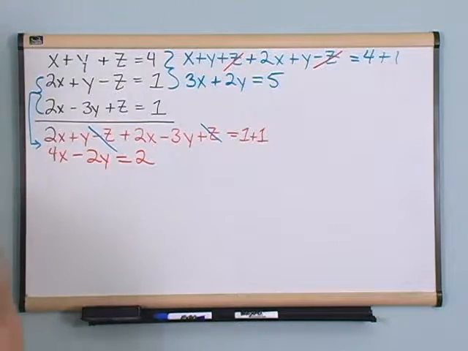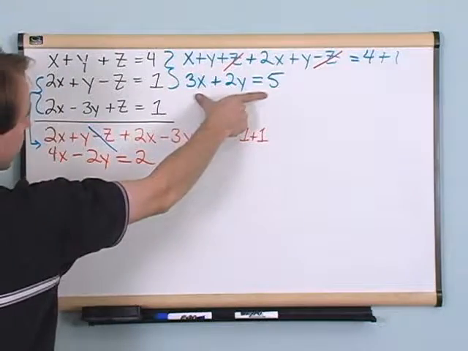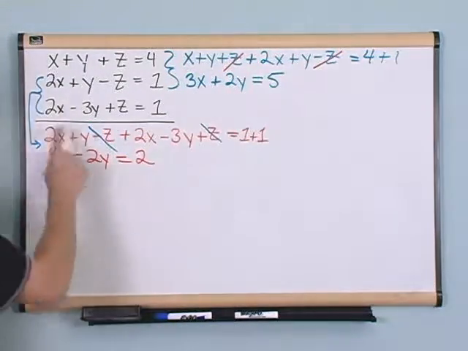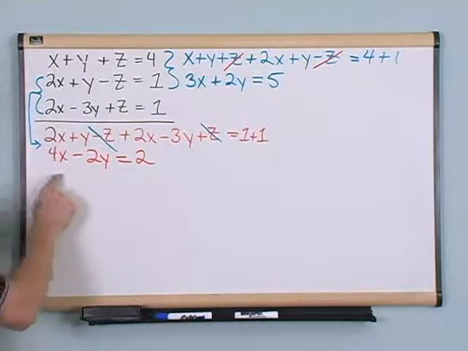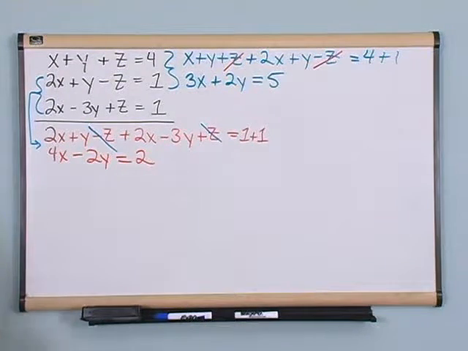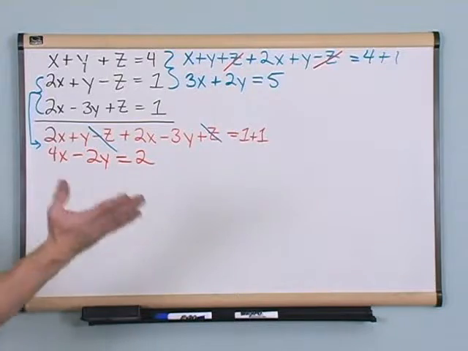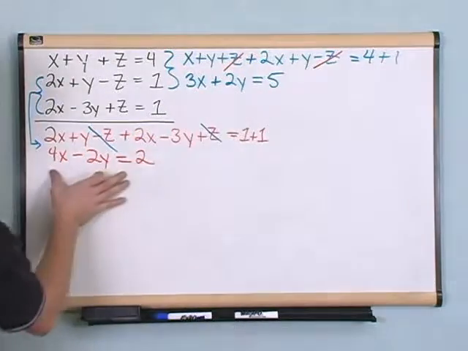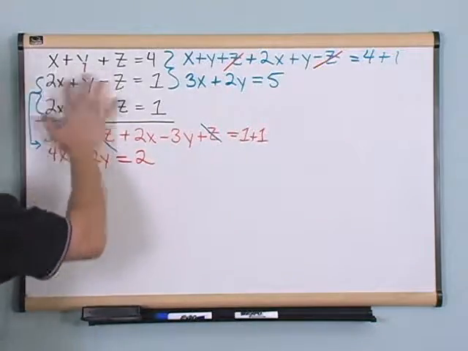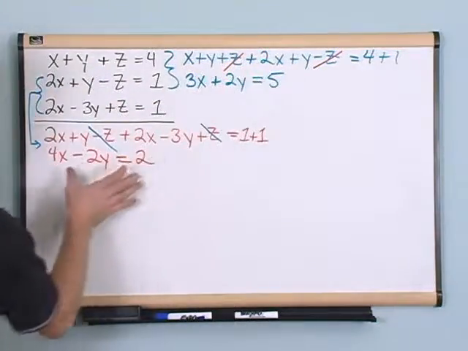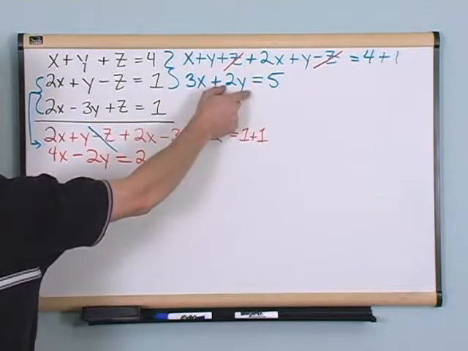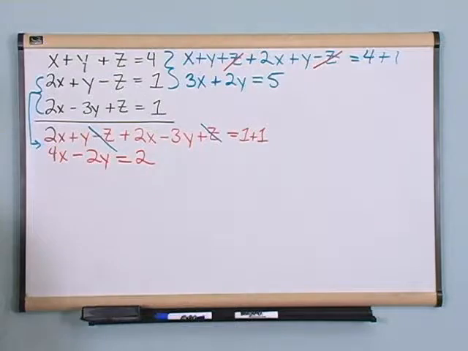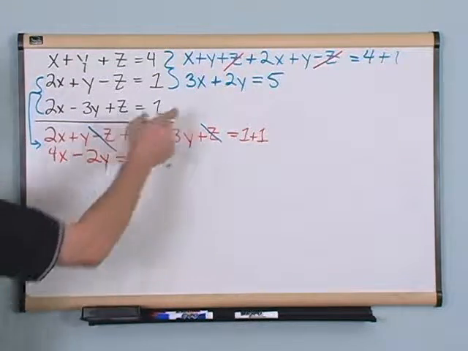Now look here. I've used these two equations to simplify to this, and I've used these two equations to simplify to this. Now I can use whatever technique I want to solve this system of equations. I immediately notice that if I add these two together, the 2y and the negative 2y would cancel.